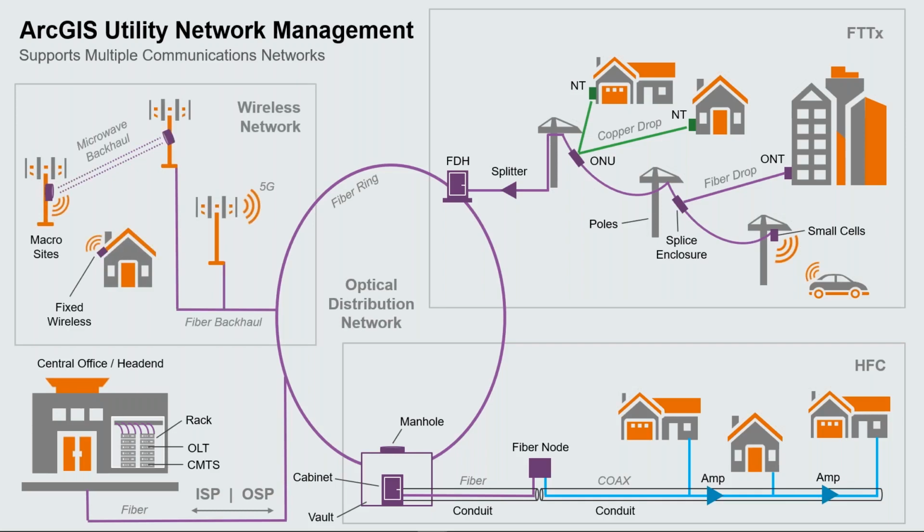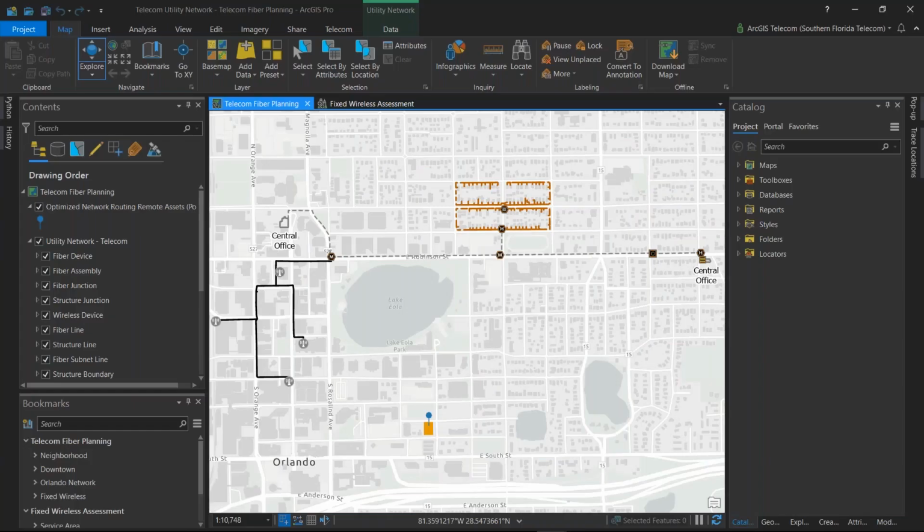And of course, the ever-evolving wireless networks, whether it's mobile or fixed. So now, let's jump into ArcGIS and see how a complete network and connectivity model for communications can optimize the network rollout process.